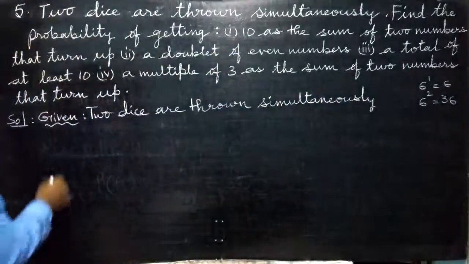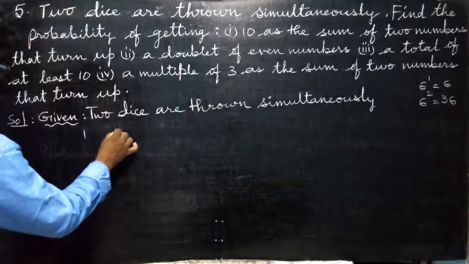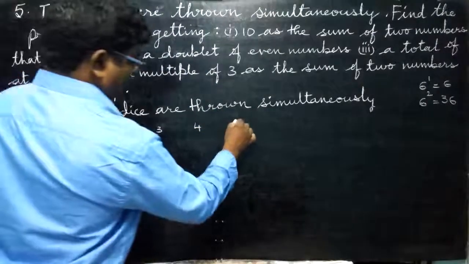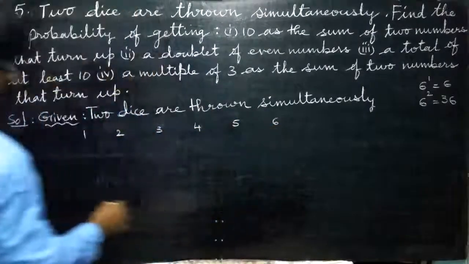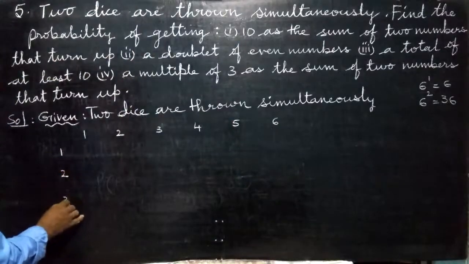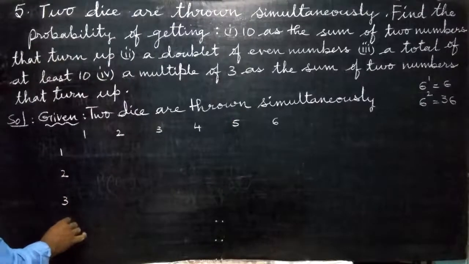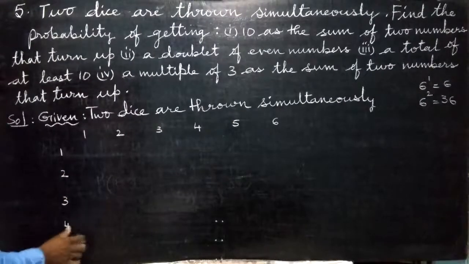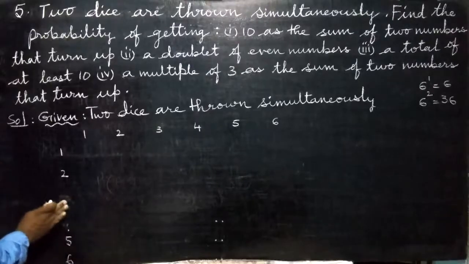We know 1, 2, 3, 4, 5, 6. Another die, 1, 2, 3, 4, 5, 6. So these are the ways.